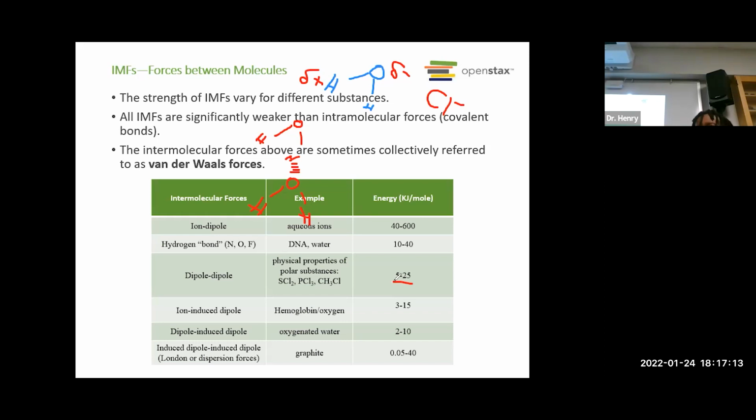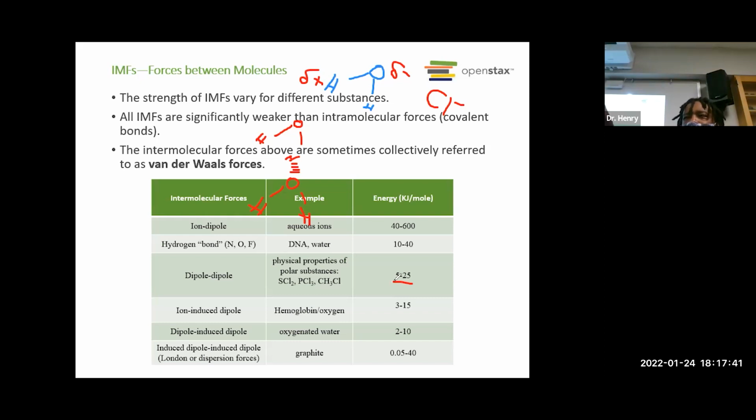So when we think about the strength of these intermolecular forces, not bonds, we know that the ion-dipole is the strongest. The hydrogen bond is the second strongest. The dipole-dipole is the next. And then we have what we call ion-induced dipole.